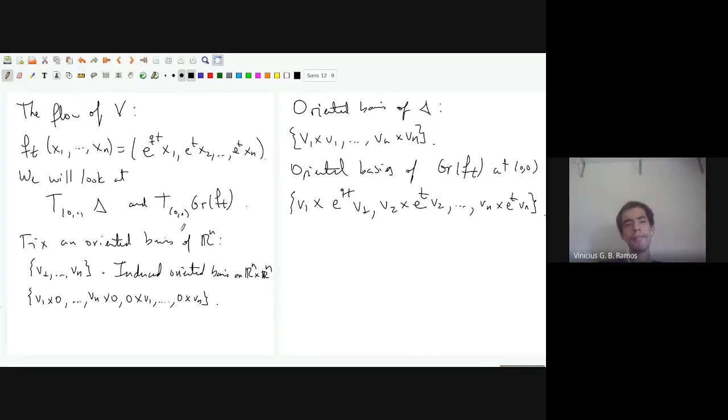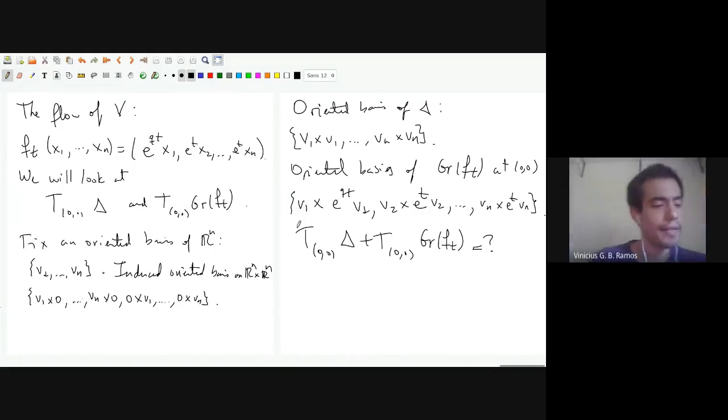Now I would like to see if this basis and this basis together generate the whole tangent space of the product. I would like to look at the span of this and this. I can just concatenate the two bases to get a set of vectors, and write that in the chosen induced oriented basis of Rn times Rn.